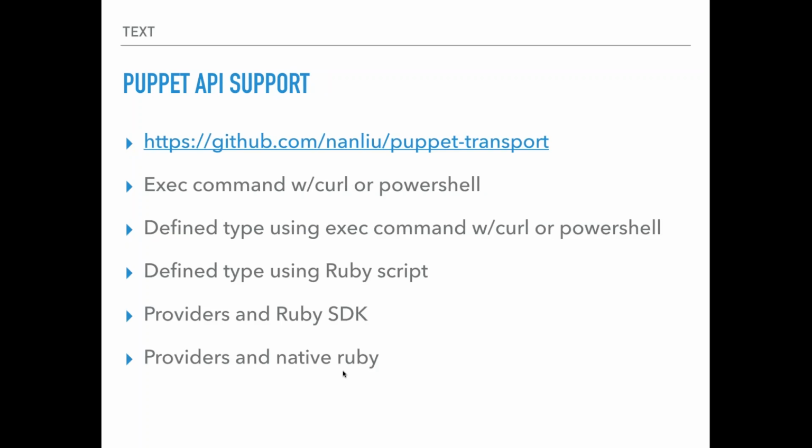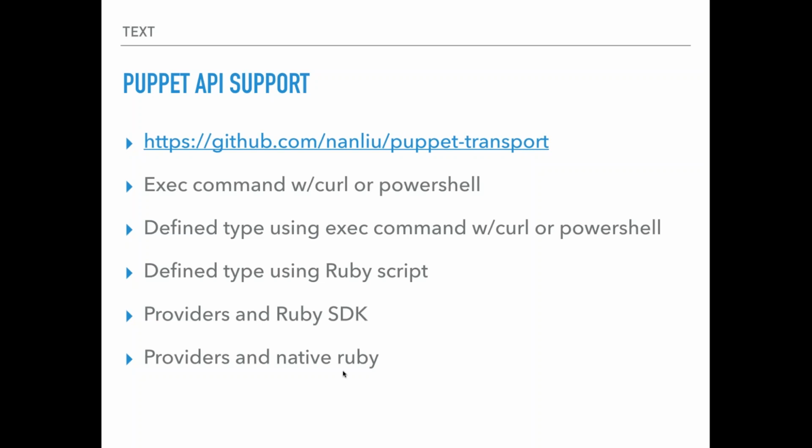At a high level, in terms of support for APIs in Puppet, here are some of the ways it has traditionally been done. There is a scaffolding module out there for API calls to make it a little bit easier. It's been a while since that's been updated, so support for that may be very limited.